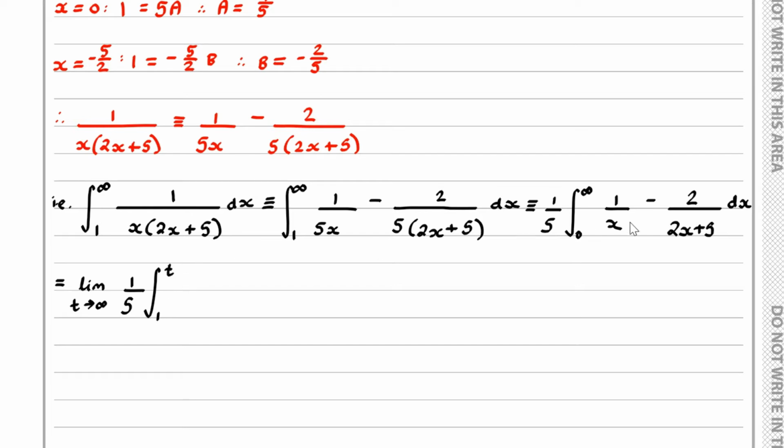So we've replaced the infinity with t, and then we've taken the limit as t tends towards infinity. So we're going to evaluate 1 over x minus 2 over 2x plus 5 with respect to x in between these limits, multiply by a fifth, and take the limit as t tends towards infinity.